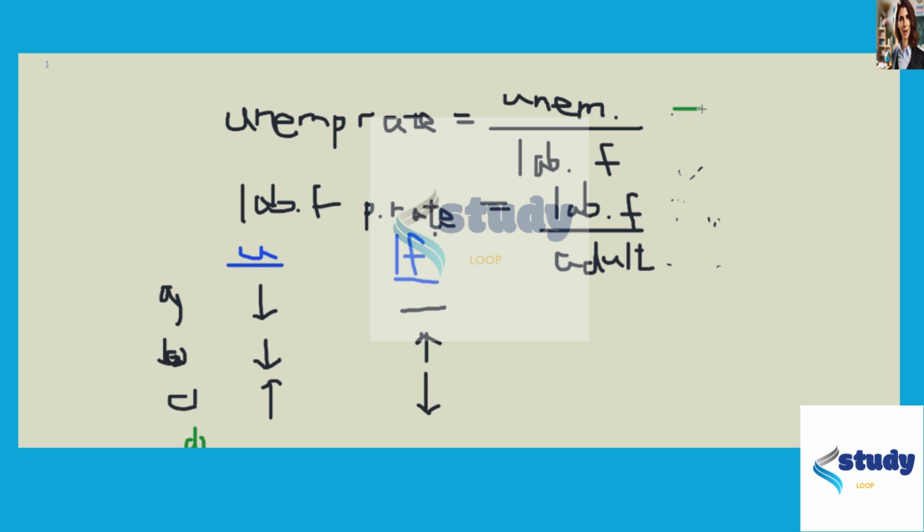What about the labor force? If she decides to be a stay-at-home mom, the labor force decreases, so the unemployment rate is going to go up. What about the labor force participation rate? The labor force goes down and the number of adults doesn't change, so this goes down as well.